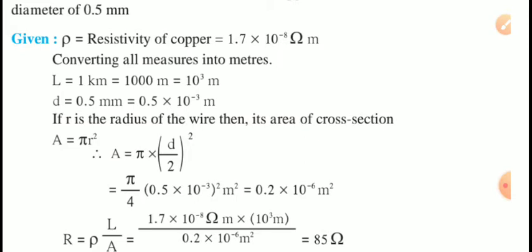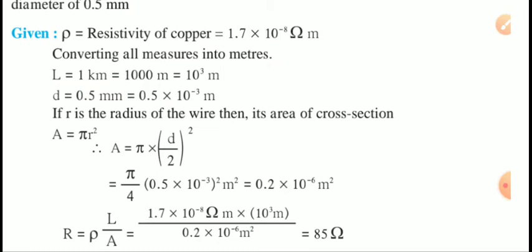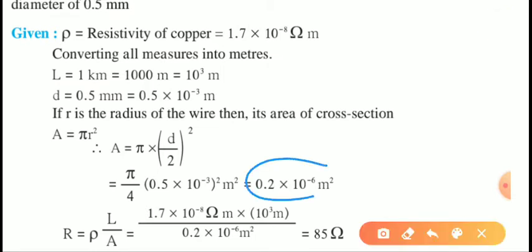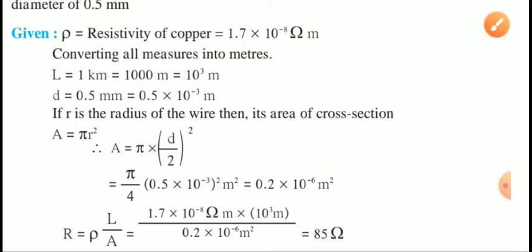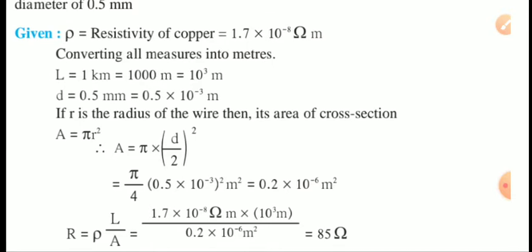If r is the radius of the wire, then its area of cross section is A equal to pi r square. After substituting values, we will get 0.2 into 10 raised to minus 6 meter square. Now for resistance R we apply the formula, and after substituting values we will get 85 ohm.